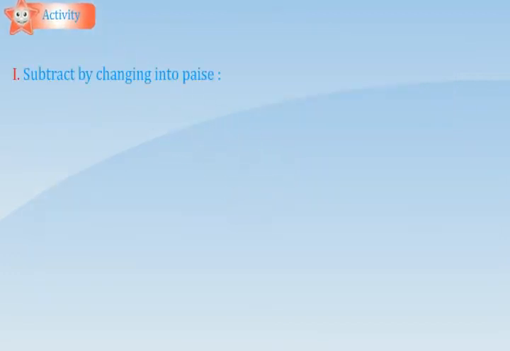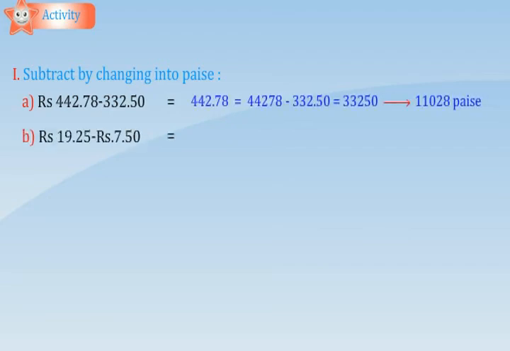Activity. Subtract by changing into paise. Rupees 442.78 minus rupees 332.50. Rupees 19.25 minus rupees 7.50.